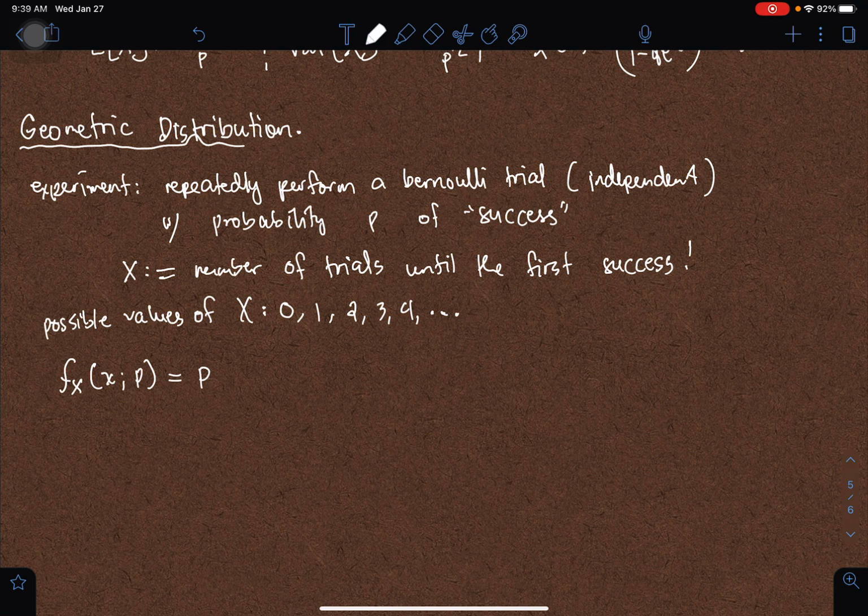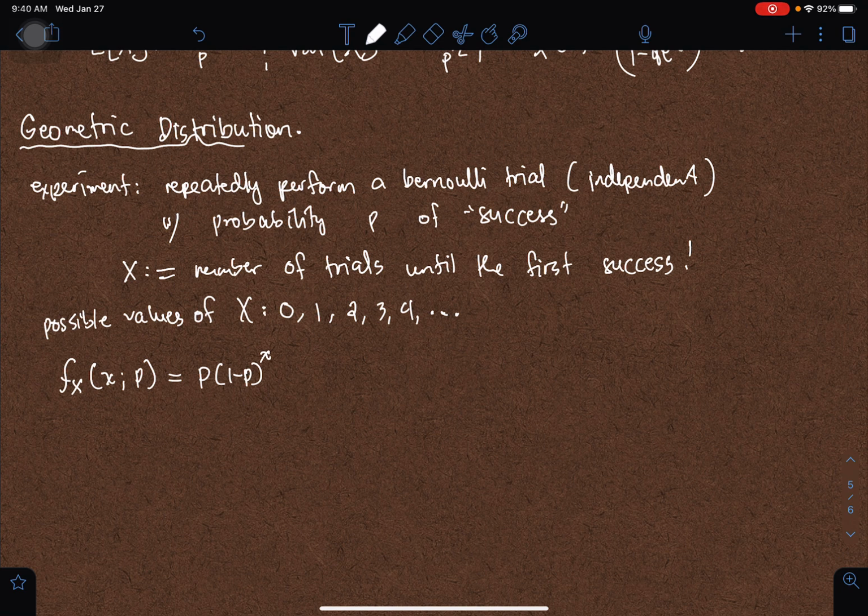But we have observed how many failure experiments? That's the random variable X. So the density of X will be p times (1 minus p) raised to X. 1 minus p is raised to X because X is the number of times that the failure outcomes occurred. So the total number of trials is X plus 1: X for the total number of failures and 1 the only successful outcome.